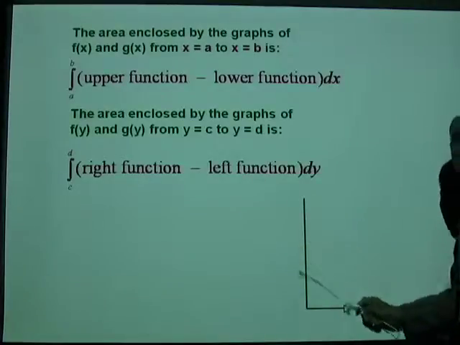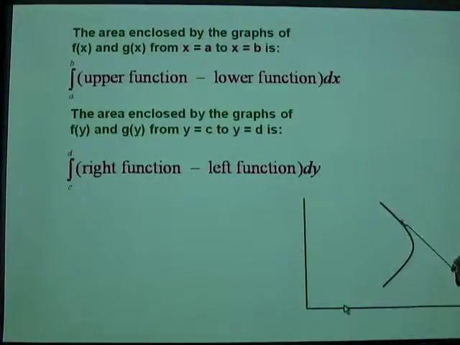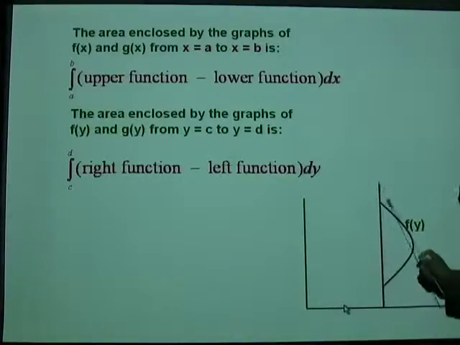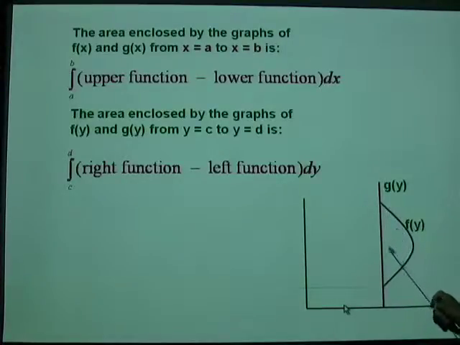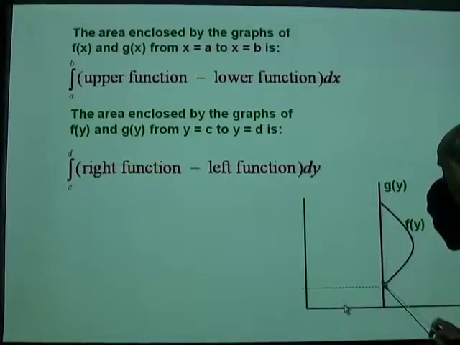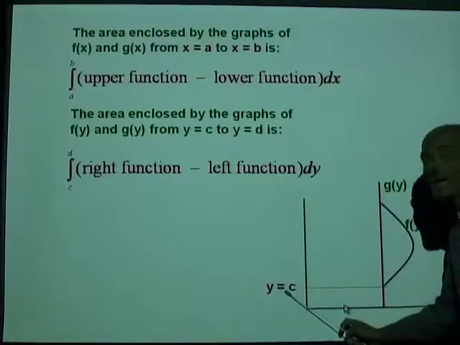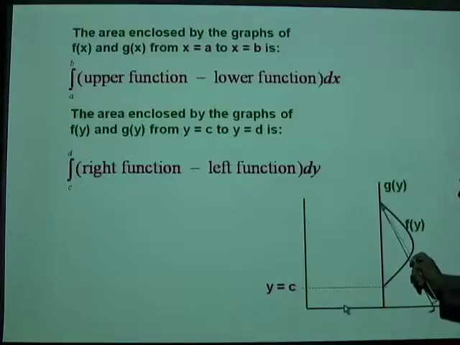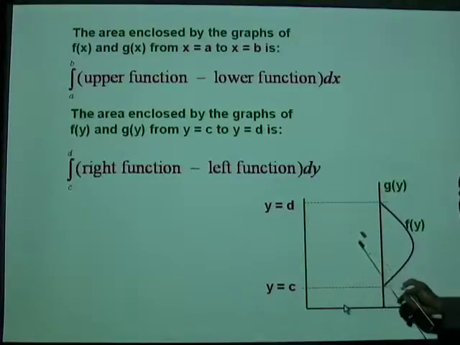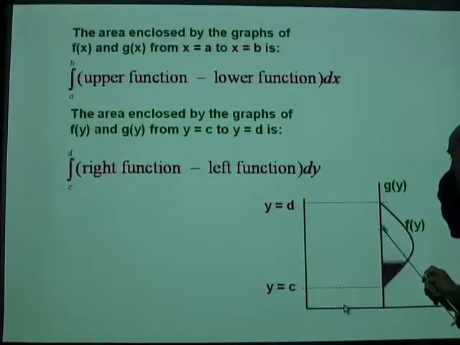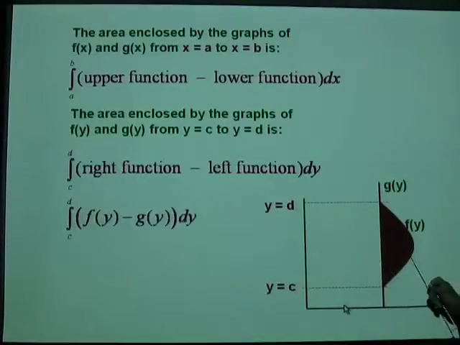Okay, now let's have a look at that. Suppose this is a function f of y, and the red line is a function g of y. Look at the area enclosed by the graph of that. Now, these two functions meet at y equal to c and y equal to d. So what does the enclosed area give you?